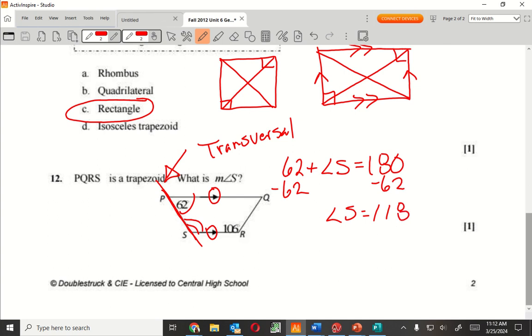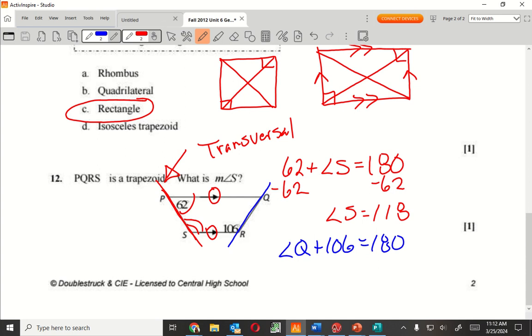Yeah, 118? Okay, good. What if I was trying to solve for angle Q? I would have to use this one because it has a different transversal. So that would be angle Q plus 106 equals 180.